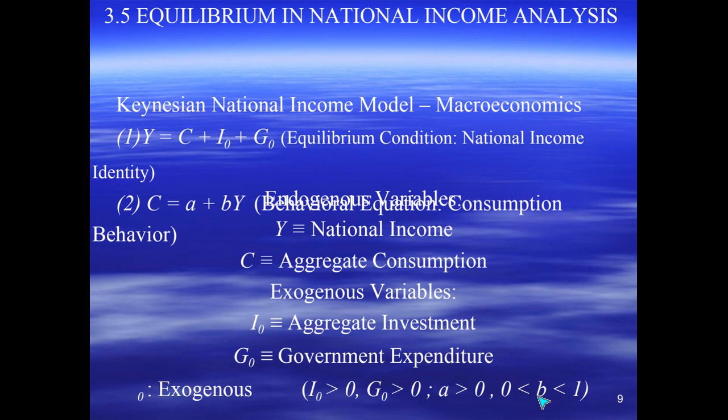And B is a coefficient between 0 and 1. It is like 1/2, 8/10, 9/10, something like this. It's a ratio. We don't allow it to be 0 or 1, because if B were 1, it would mean we consume all our production, which is unrealistic. We should save some of it to make investment.